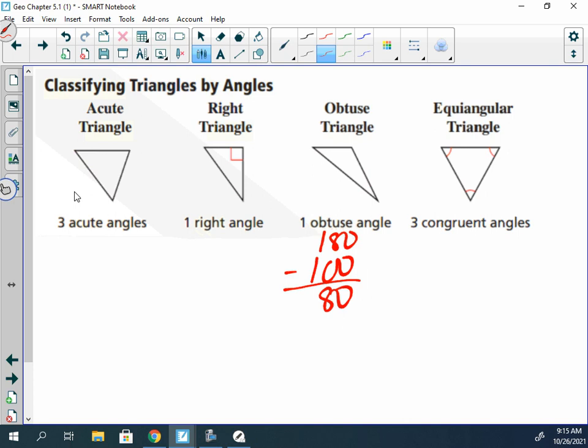The others have to be acute. So with right and obtuse triangles, if we have a right angle, the other two have to be acute, just by definition. For obtuse, if we have one obtuse angle, the others are going to be acute. Even if we took 91 degrees, the others would add up to 89 degrees, and we have to cut that into two. There's no way that we could have another obtuse angle and that still work.